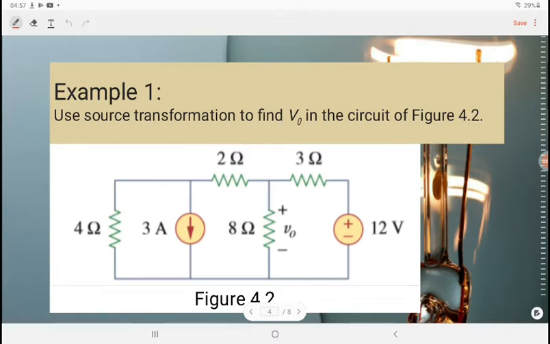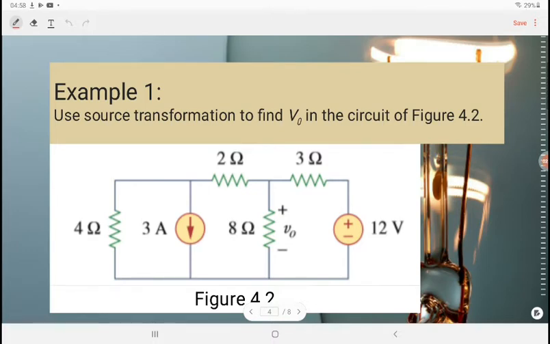Before we go further to the example, source transformation does not affect the remaining part of the circuit. It is a powerful tool that allows circuit manipulation to ease circuit analysis. However, we should keep the following points in mind.